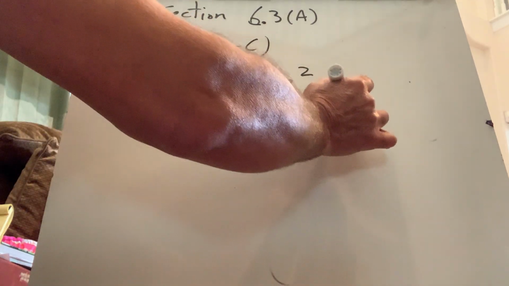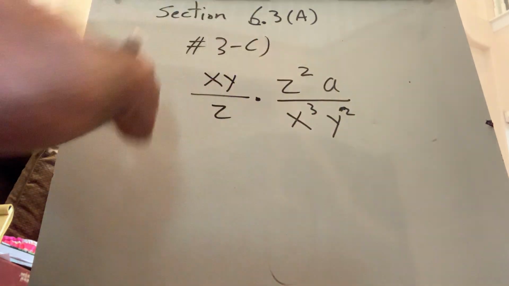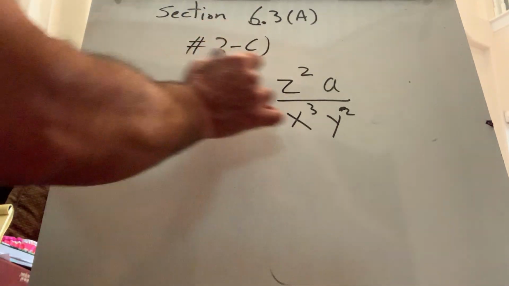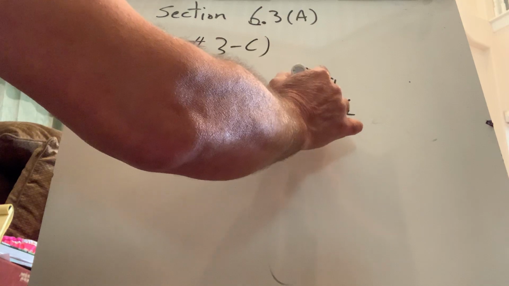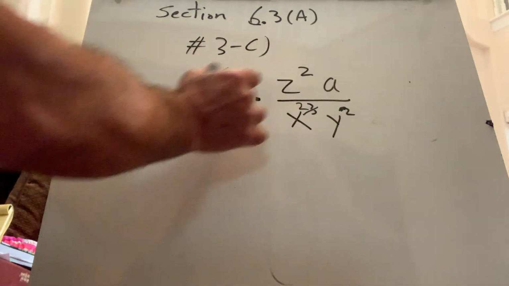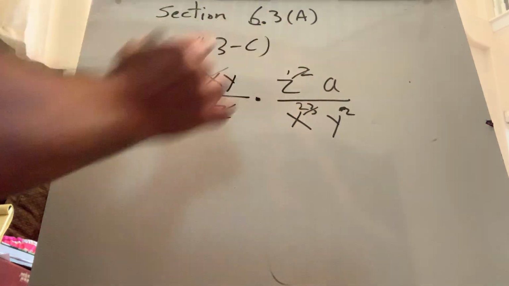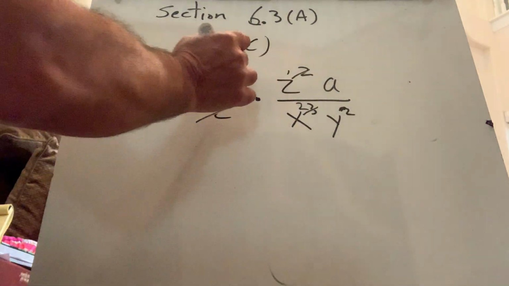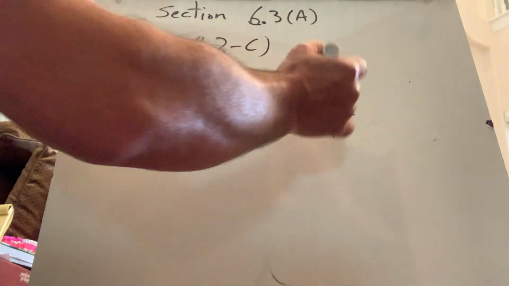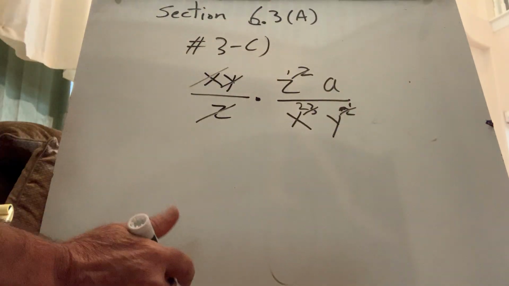This concept is pretty much the same. It doesn't matter whether you have letters or numbers. Once again, I see 1 factor of x cancels 1 factor, which leaves you with x squared, 2 more factors left. Also, 1 factor of z cancels 1 factor of z, which leaves you with just z. 1 factor of y cancels 1 factor of y, which leaves you again with just y. I'll put the 1, but anything to the first power is itself.